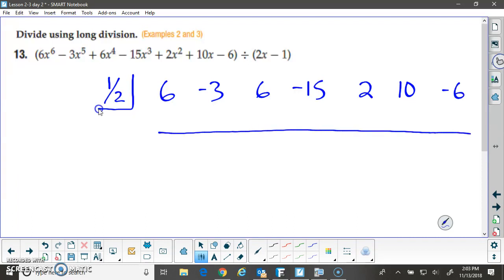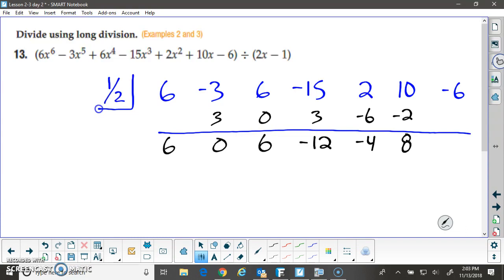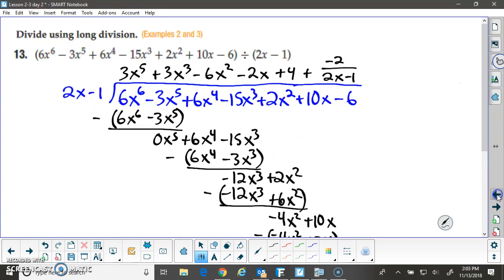Should get a negative 2 at the end for my remainder, just like I did with long division. Sure enough, we get the exact same remainder. But look at these resulting coefficients. Notice how they're not the same as the coefficients we have in the quotient when we use long division.